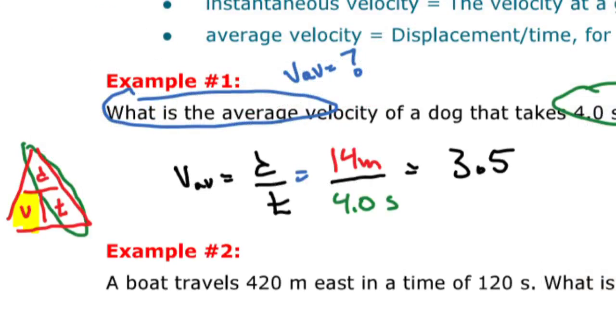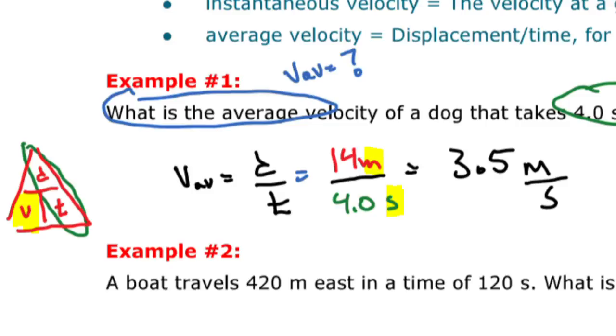And just like last day I said, it's really important to include units with everything. Today is even more important. So what are my units? I have meters here and seconds here, so my answer is going to be 3.5 meters divided by seconds, or meters per second. As well as including units, we should include a direction, because the question asks for velocity.